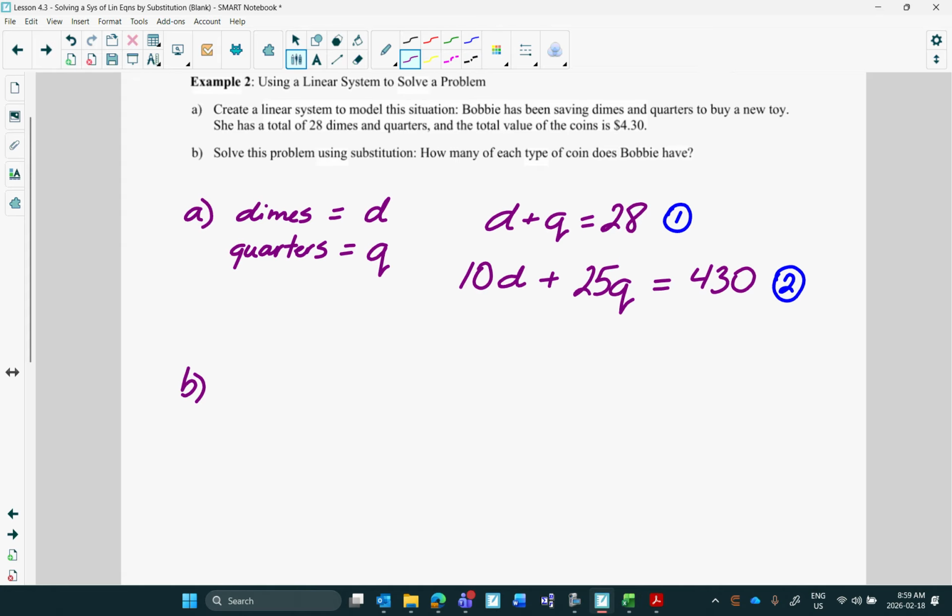Get a variable by itself. Which looks easy? D or Q, right? Doesn't matter. So I'm just going to solve for D. If you solve for Q, that's fine. So I'm going to solve for D in 1.